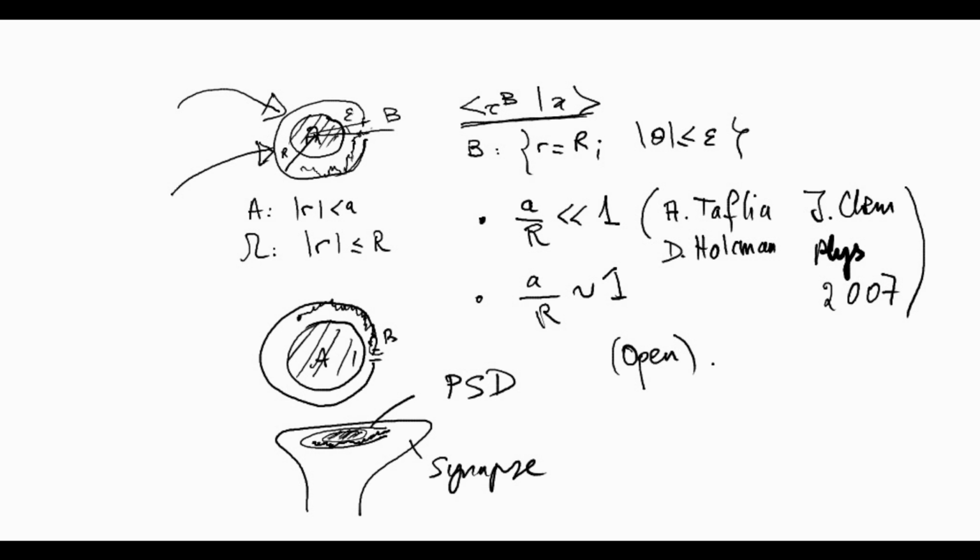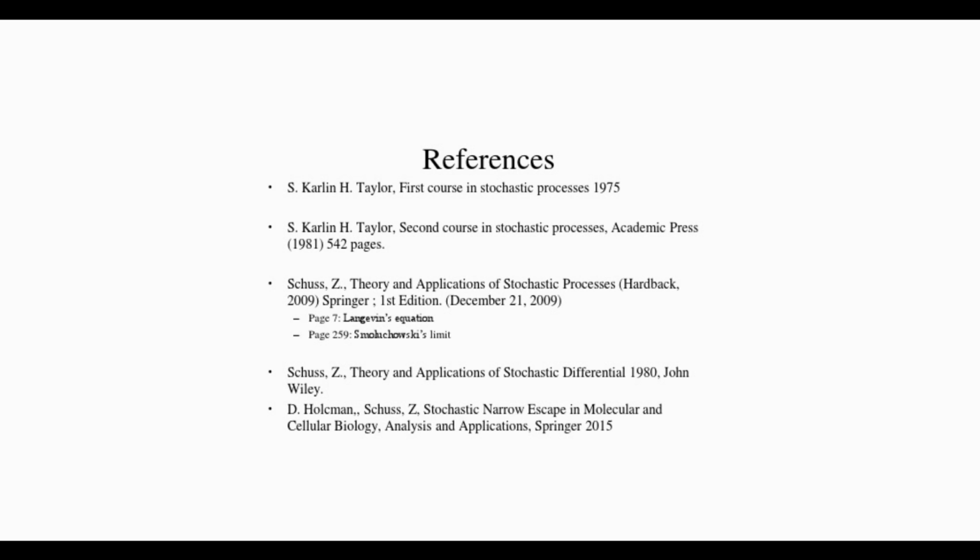I will stop here this conditional process lecture and just give some references. Karlin and Taylor, in A First Course in Stochastic Processes, 1975, have a few pages on this derivation, and also in the second course.